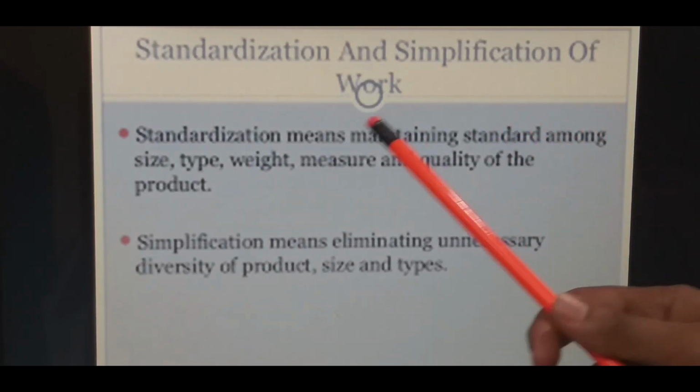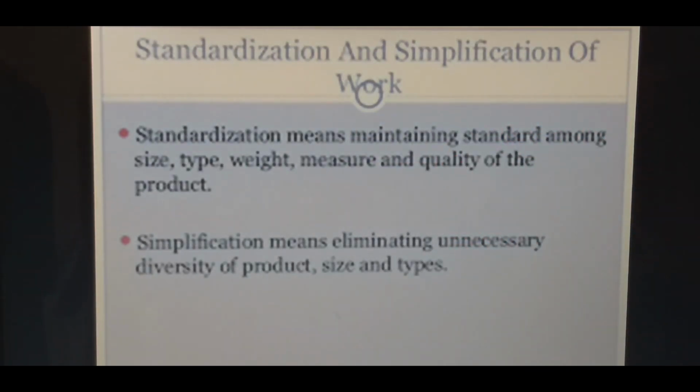Next is simplification of work. Simplification refers to eliminating the unnecessary varieties, sizes, types, qualities, grades of product. Taylor said that all the unnecessary varieties of product should be eliminated. Take for example, this we can understand through one example.